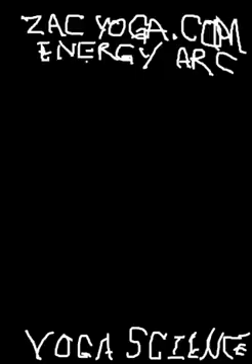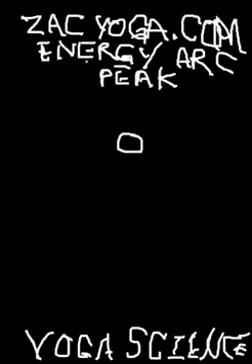Every energy has a peak point, and when energy starts, it also has a 0 point from where it comes from, and where it goes back to from its peak point.